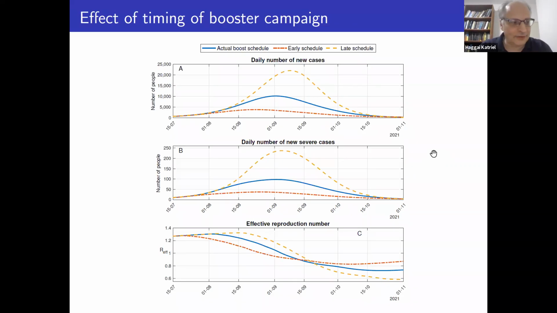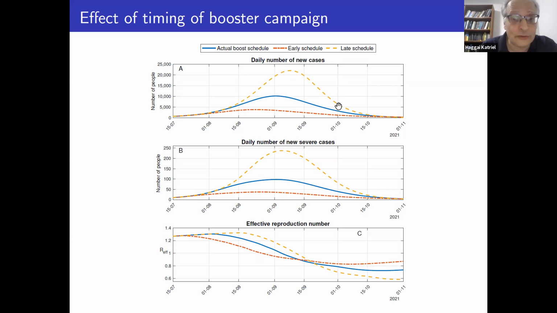Another thing you can do is estimate what would have happened if the timing of the booster campaign had been different. So here the blue line is the actual curve of infections according to the model, which fits the data, and the higher curve is if the booster campaign was started 2 weeks later than it actually did start.